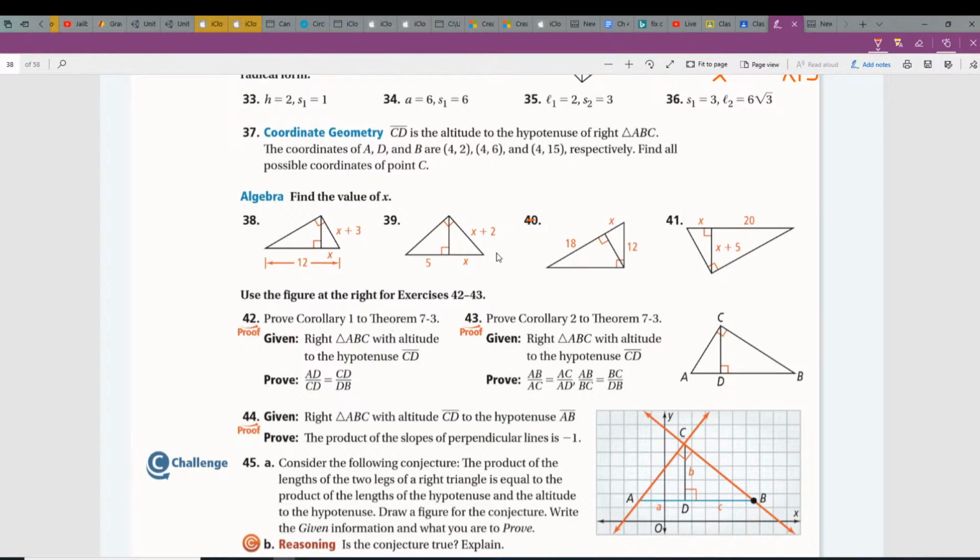So we're going to be solving for x in this situation. Since this triangle has x in it, we're going to be using this triangle and comparing it with this bigger triangle.